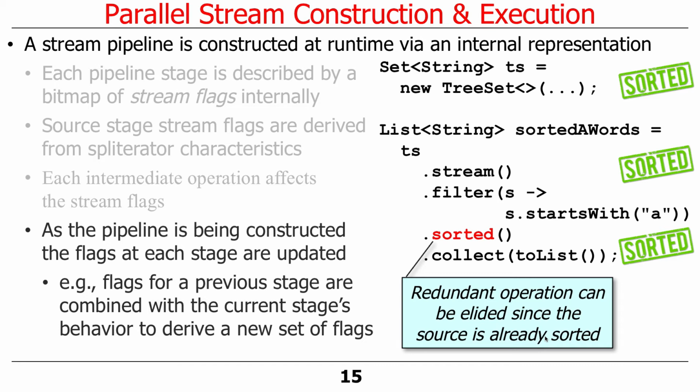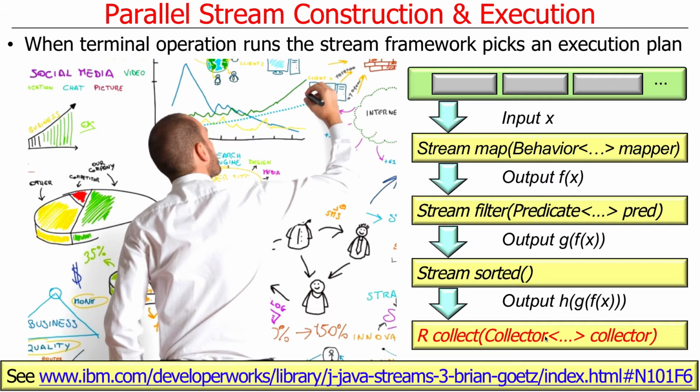You recall I've said throughout the discussion that they try to use sort of non-determinism. This isn't really quite non-determinism. They try to use lazy evaluation in order to optimize things, and this is a good example of how you optimize through lazy evaluation. So finally, when the terminal operation is seen, the streams framework will go ahead and pick some execution plan to set all the wheels in motion.